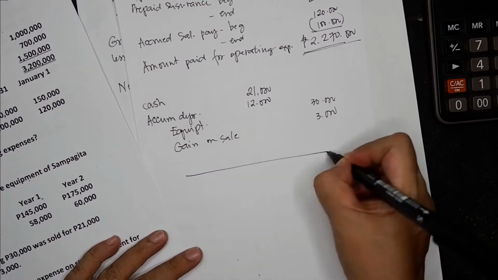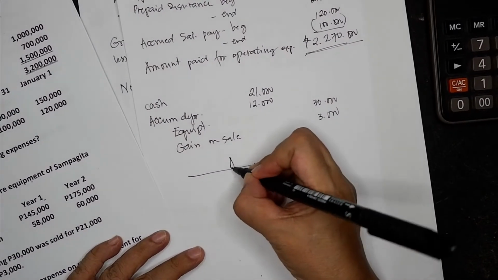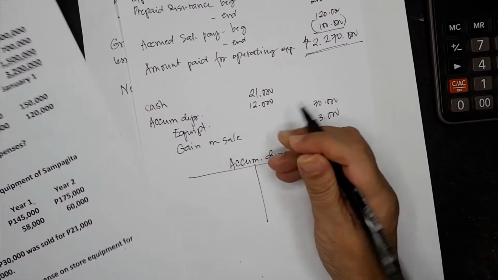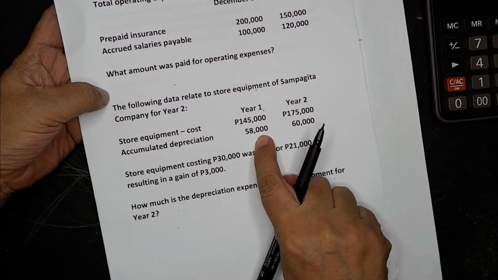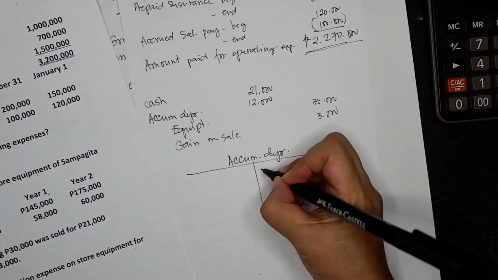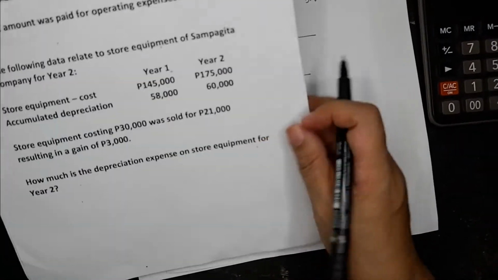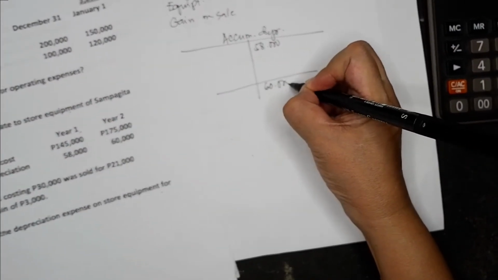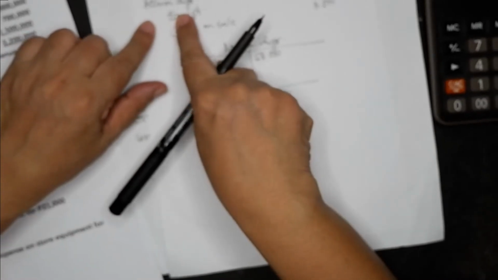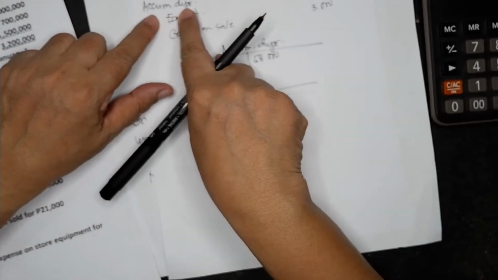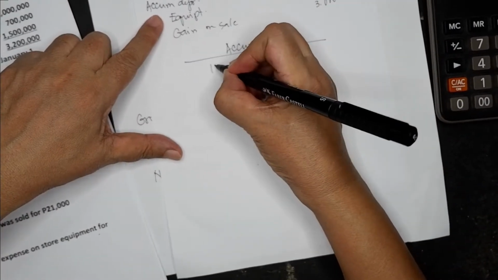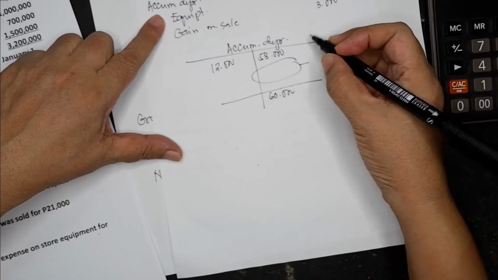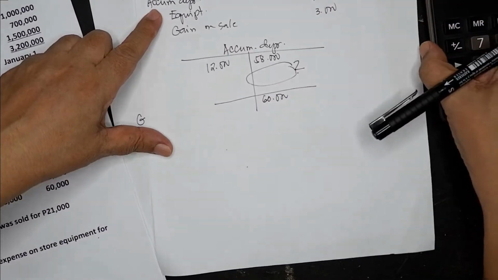Okay? So, if this is our accumulated depreciation, the beginning balance is 58,000 and the ending balance is 60,000. We have an entry when we sold, debit accumulated depreciation of 12. So, how much here is the expense?